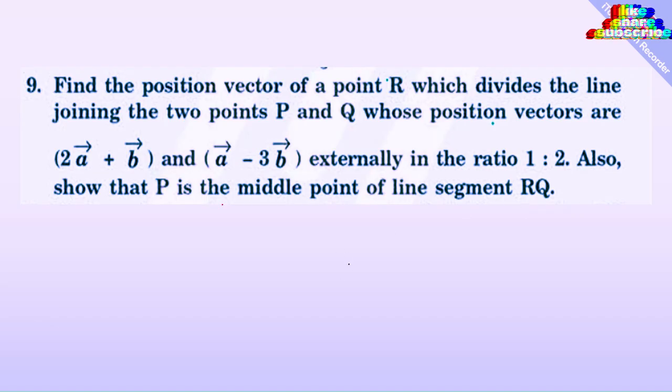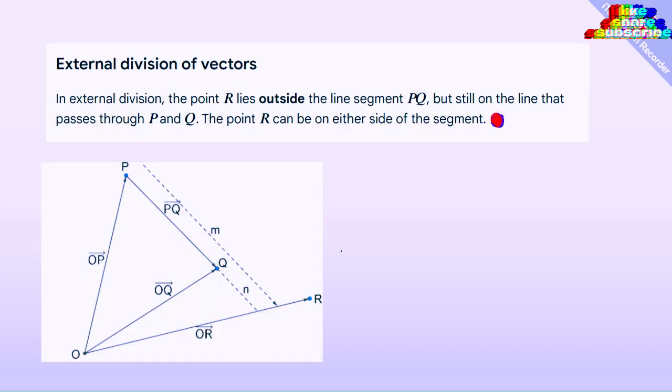First of all, let's recall the formula for external division. In external division, the point R lies outside the line segment PQ but still on the line that passes through P and Q. The point R can be on either side of the segment.